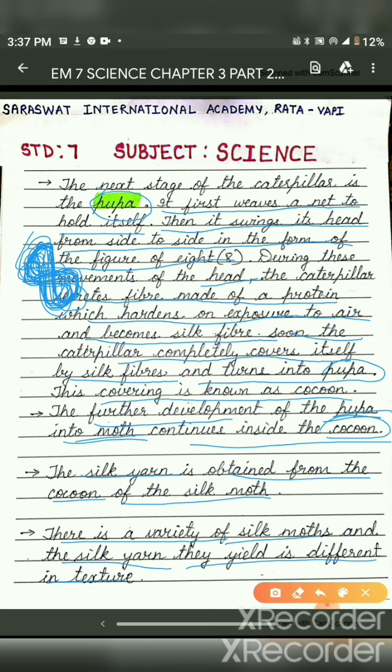There are differences in the species, so they yield different types of texture, and so we get different types of silk from different types of silk moths.